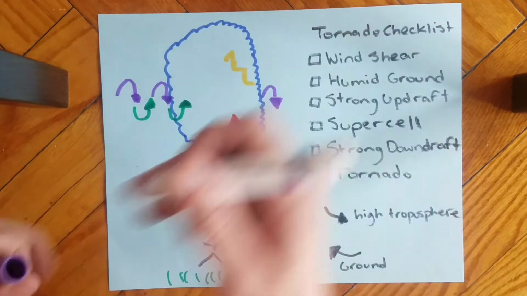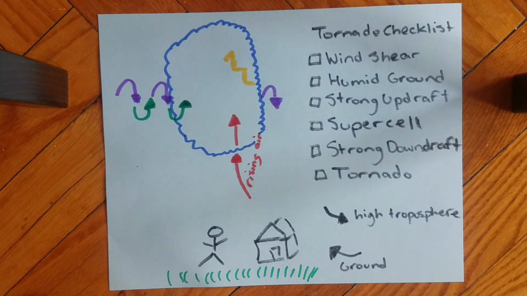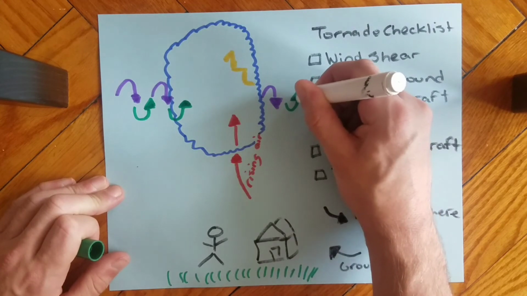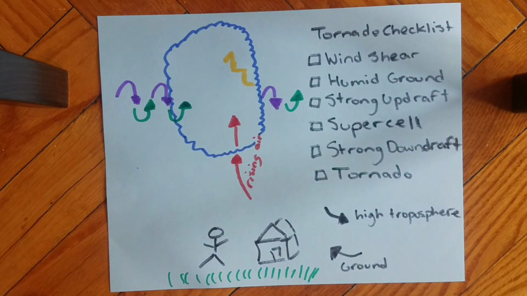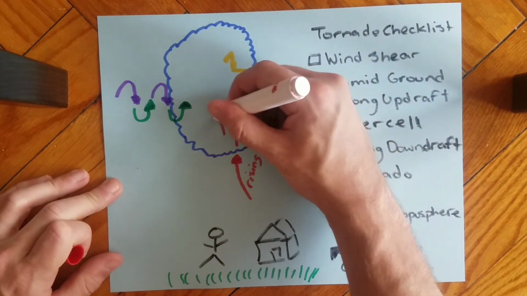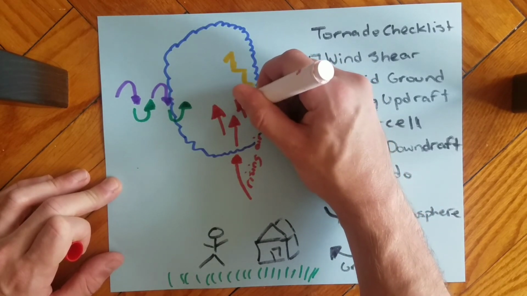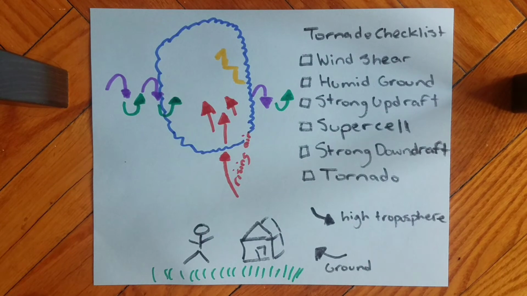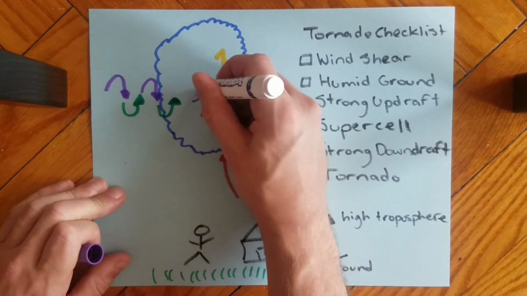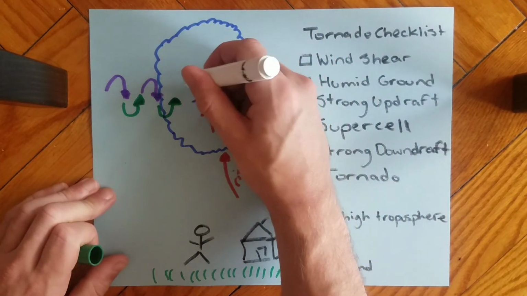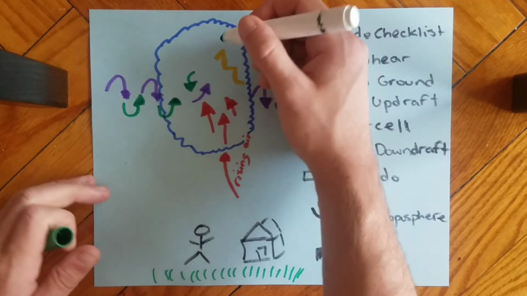Now, all the conditions have to be perfect. Compounded with that really fast moving updraft, that fast occurring condensation, it's going to come into contact with that cylindrical wind shear. When that happens, it's actually going to push this cylindrical wind shear up.